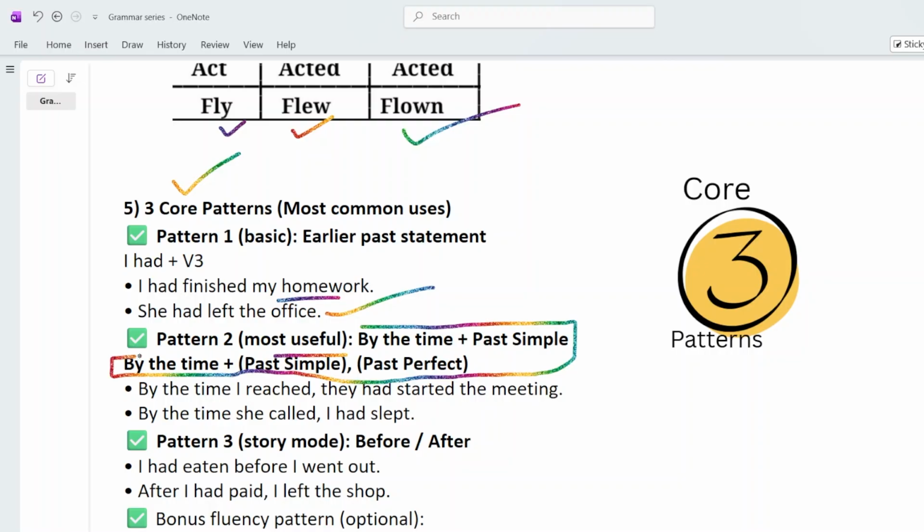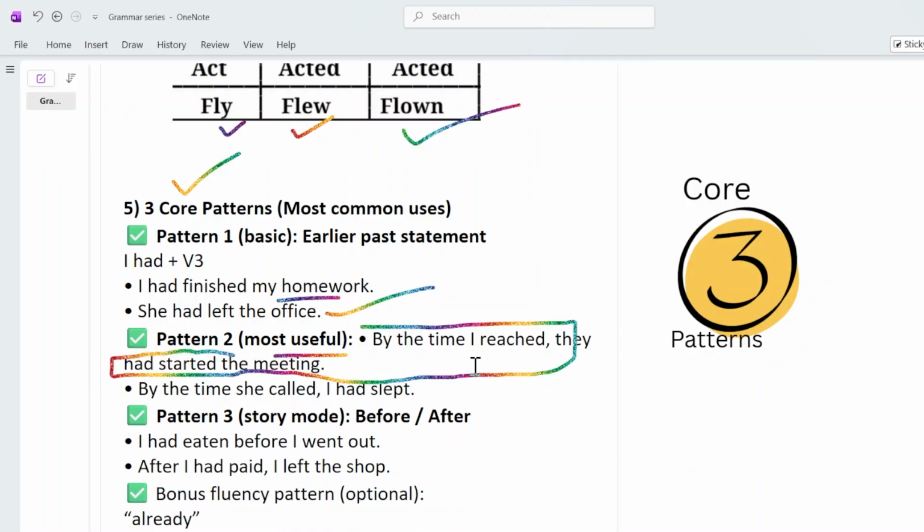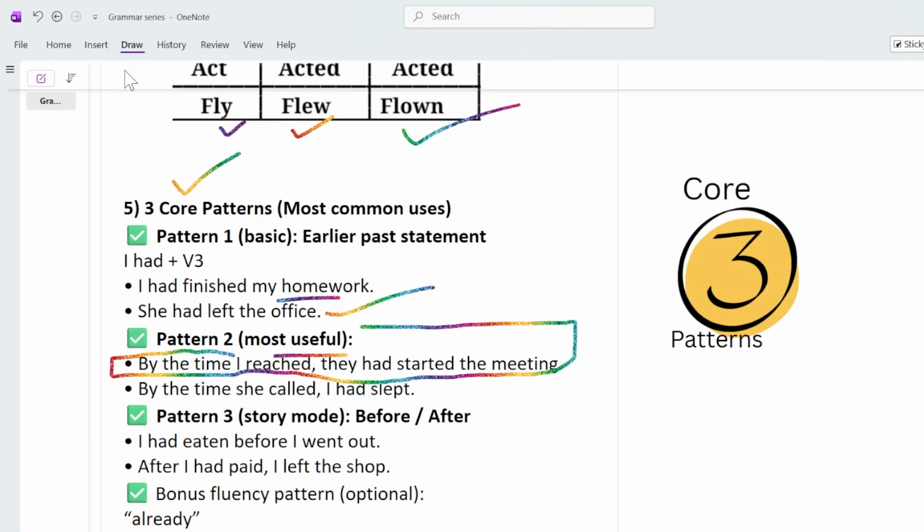Just hold on, give me 1 second. Let me delete this part because it's creating a bit of confusion. Now, if you look at this example on the screen, guys, pattern 2 is the most useful one because it talks about time. Time is the only thing that we are including in order to elaborate sentences.